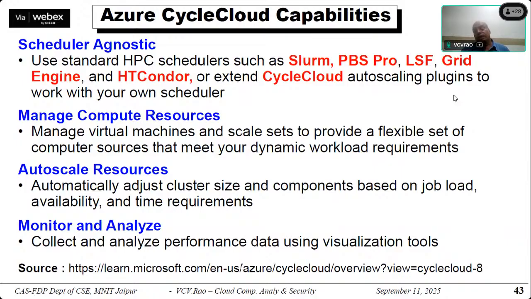Earlier, fewer threads used to run on every node because of 64-bit double precision. Today, you run a few million threads on every system with multiple GPUs, because you compute in 8-bit and 16-bit also. That means you need a different kind of integrated framework to handle HPC workloads and high throughput workloads. You also require different kinds of visualization tools, and plug-and-play of the many schedulers which are required in the Azure CycleCloud capabilities actually.